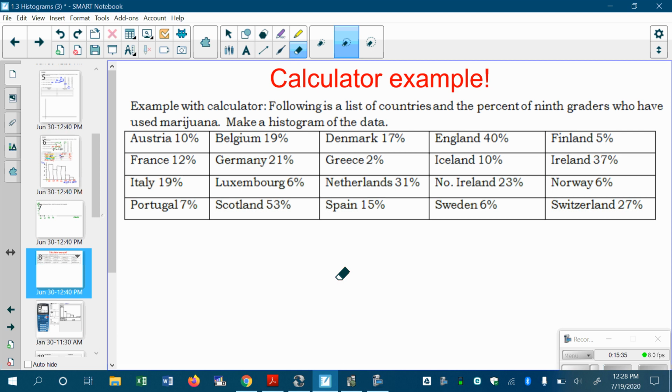That is one thing, right? It's not like this column was marijuana and this column was something else and this column was something else, right? That is not what we're looking at here. It's all one variable. So it is presented in multiple columns on the piece of paper just to save space, okay? It all goes into list 1 on your calculator.